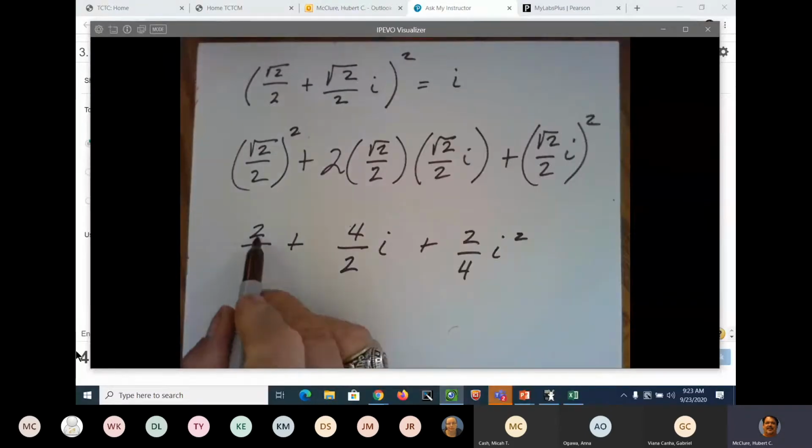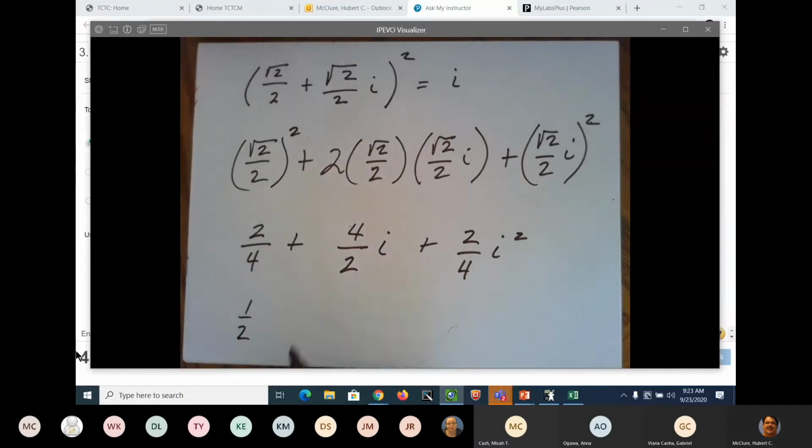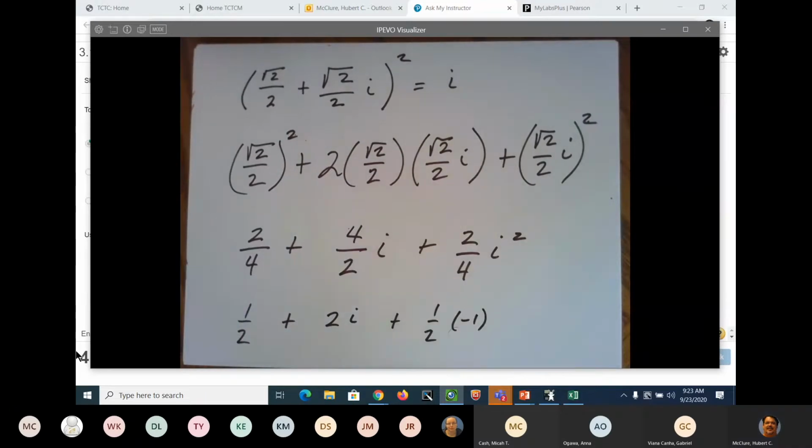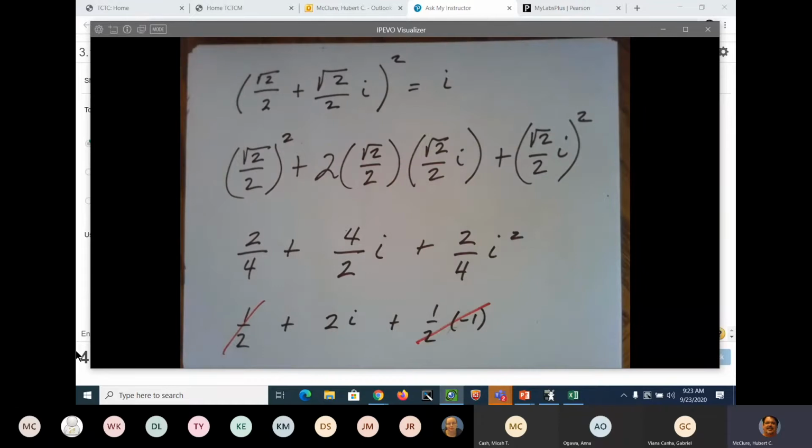Well, this is 2 over 4, which is 1/2, plus 2i, plus 1/2 times -1. And 1/2 times -1 is -1/2. So the 1/2s cancel and you're left with 2i.